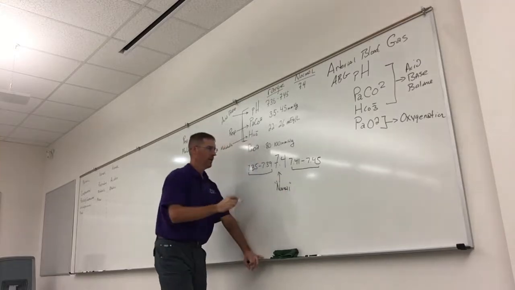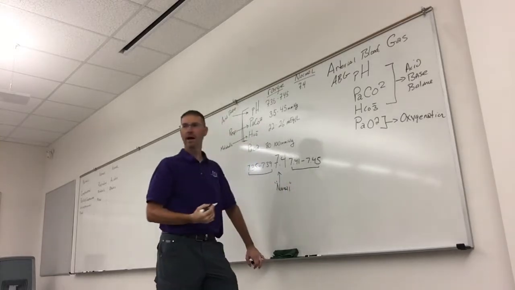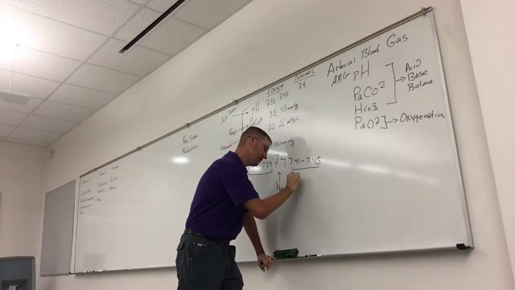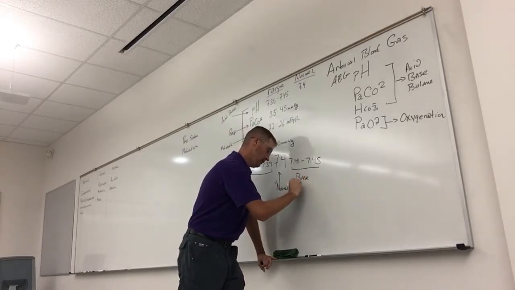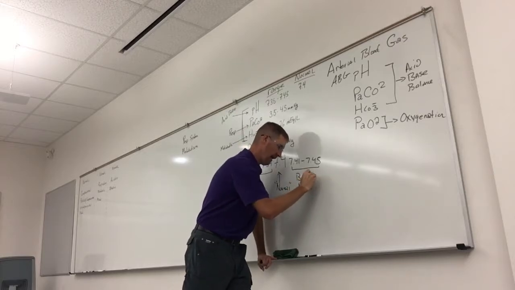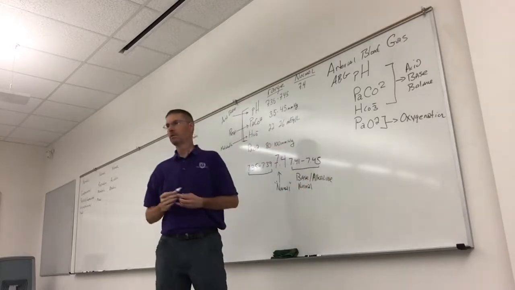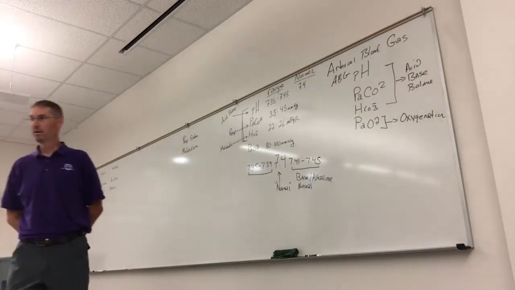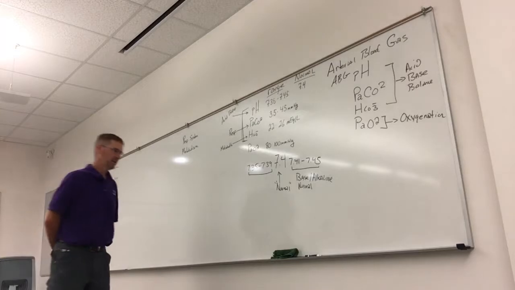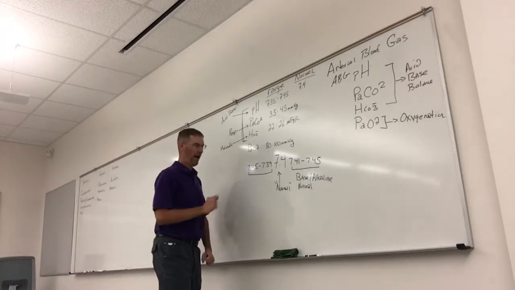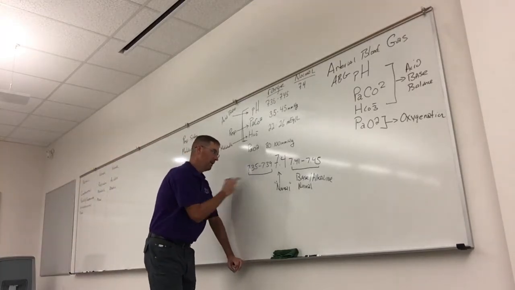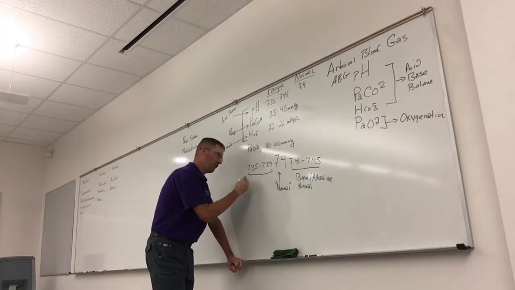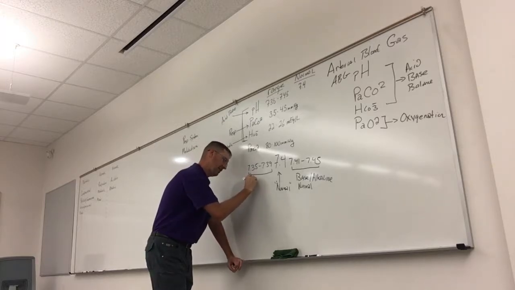If, however, it was 7.41 to 7.45, that is what I call base normal. Base is also known as alkaline. Okay? So base, alkaline mean the same thing. You guys okay with that? So basic or alkalotic mean the same thing. That's base normal, alkaline normal. 7.35 to 7.39 is what I call acid normal.